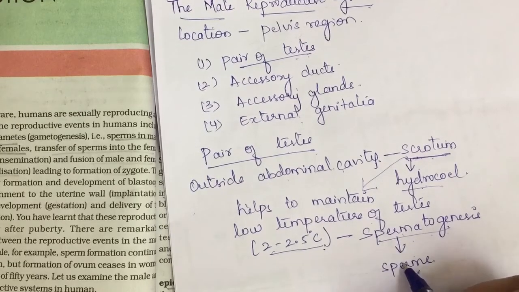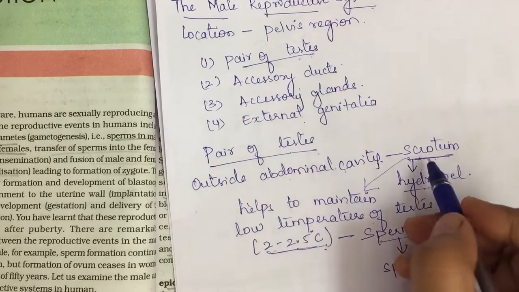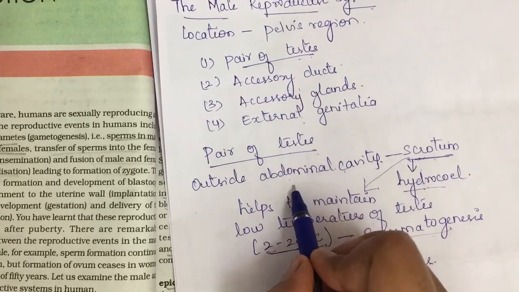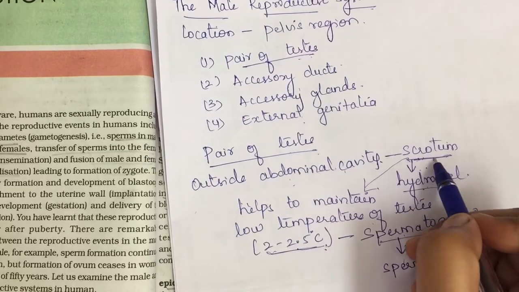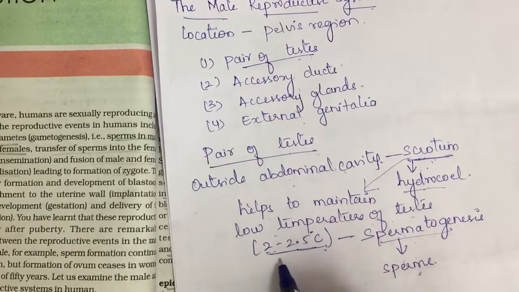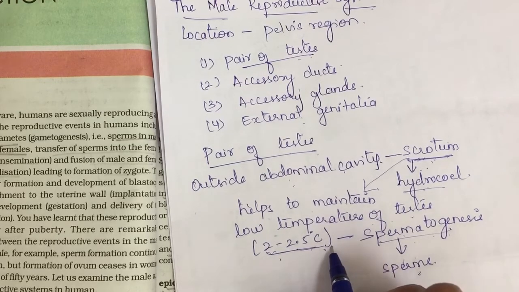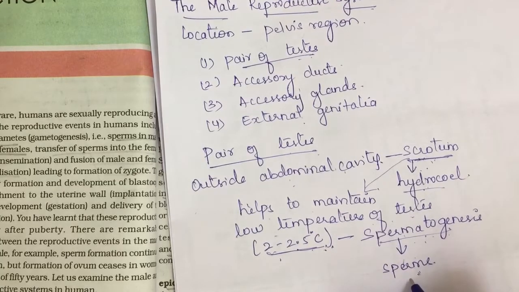For production of sperms it requires low temperature, and that low temperature in the testis is maintained by the scrotum. So the pair of testes is present outside the abdominal cavity in a pouch-like structure called the scrotum, which helps maintain a temperature 2 to 2.5 degrees centigrade lower than the internal body temperature, so that it can produce sperms.